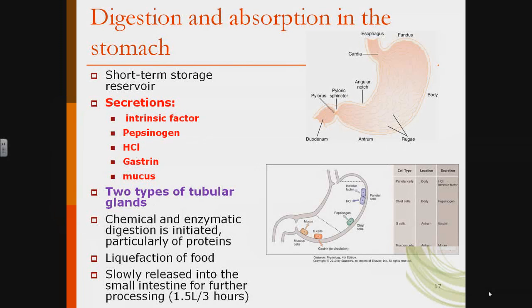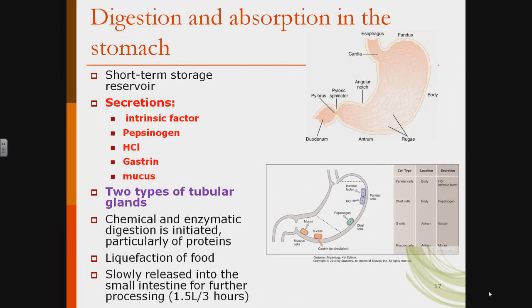So the secretions. The parietal cells release hydrochloric acid and intrinsic factor, and we know intrinsic factor is important for vitamin B12 absorption in the duodenum and ileum, primarily the ileum. Hydrochloric acid is necessary to convert pepsinogen, which is released by the chief cells, into pepsin. Pepsin will chemically digest the protein, the peptide bonds.